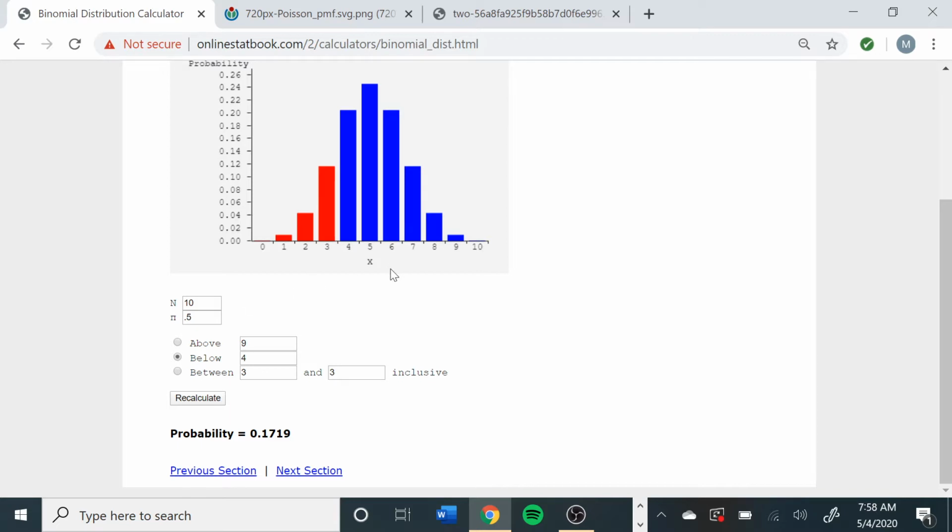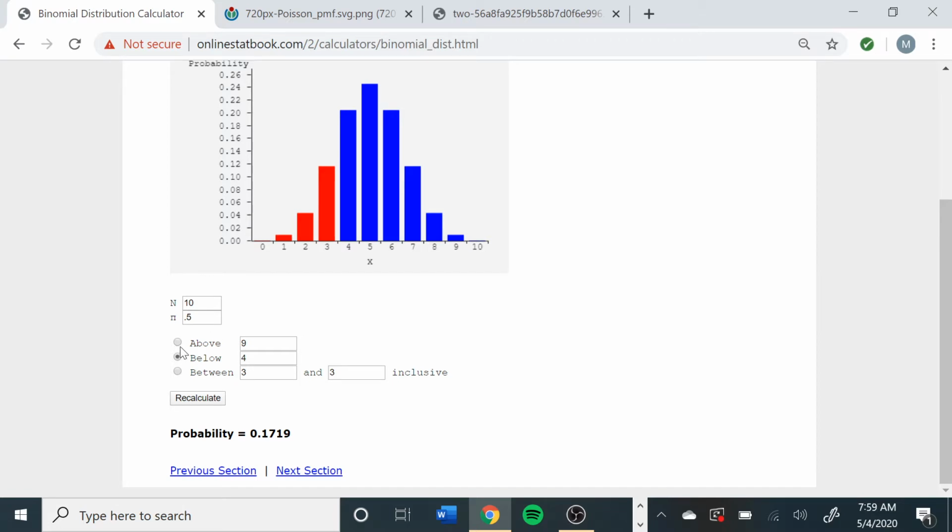Okay. All right. So this is an extreme value, right? How extreme is it? Well, it's not that extreme. I guess it's 2 points below, right? So the extreme value on the other end would be 7. This would be 2 above. So since this is symmetrical, you could almost just multiply this by 2. But binomial distributions are not always symmetrical.